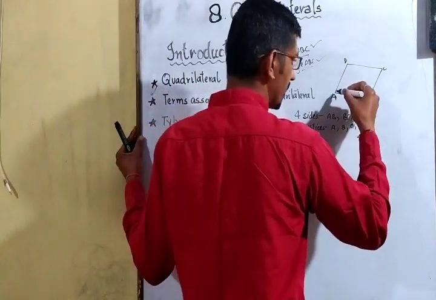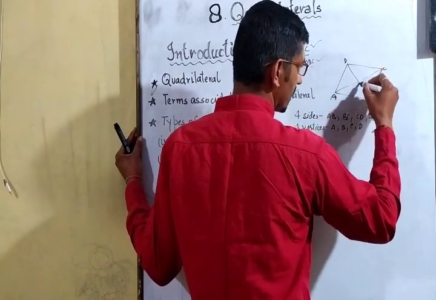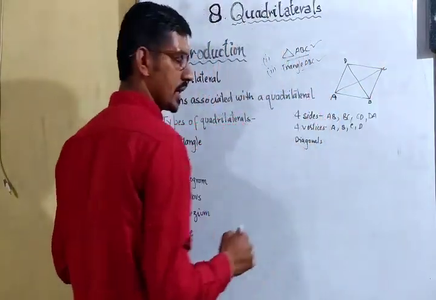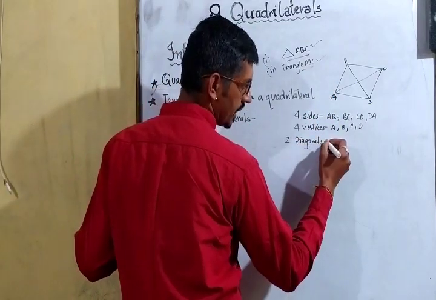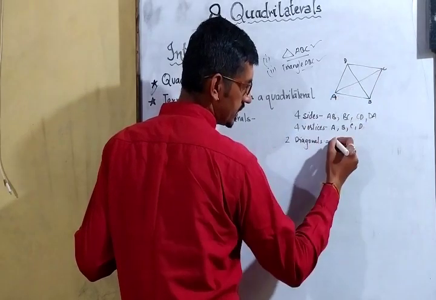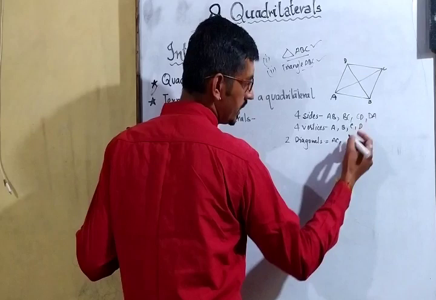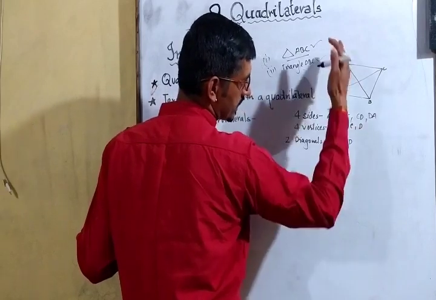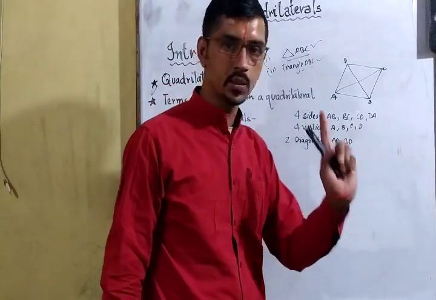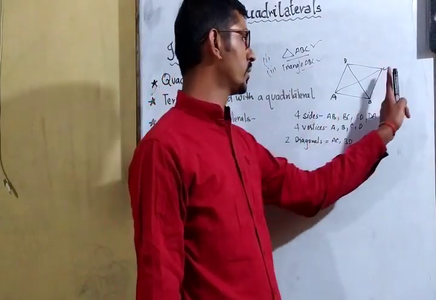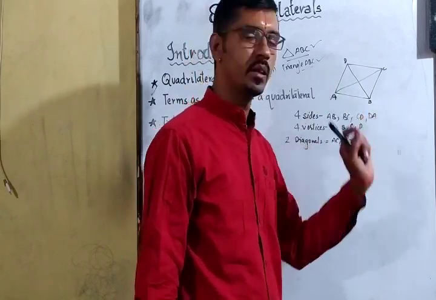The line segment which joins the opposite vertices is known as a diagonal. So here two diagonals are there, and the names of the diagonals will be AC, or CA, and BD, or DB. So two diagonals. दो अपोजिट वर्टेक्स को जोड़ने वाला लाइन सेगमेंट is known as a diagonal.